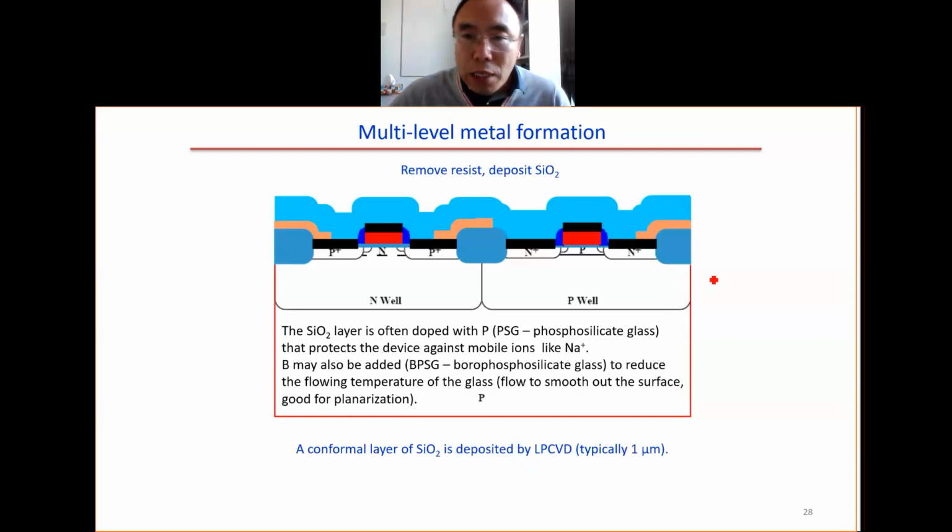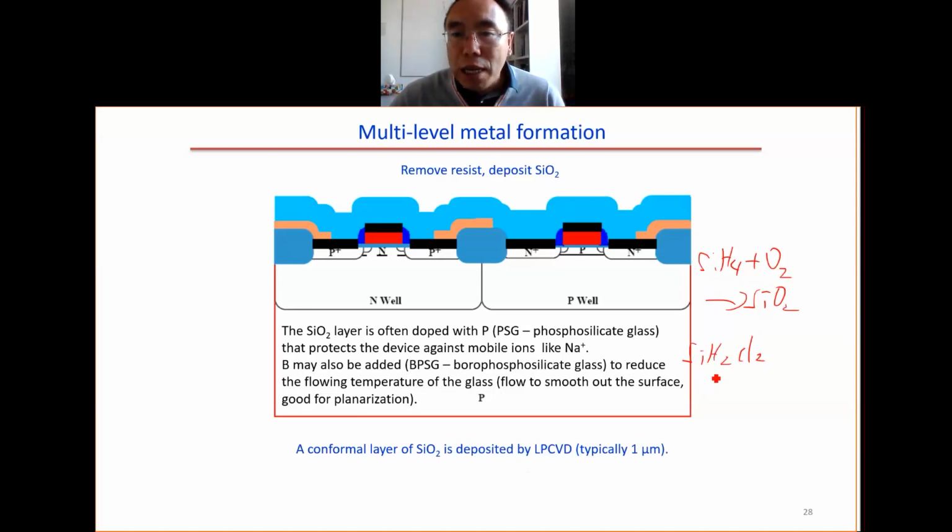One is using silane gas plus oxygen. Another choice is dichlorosilane plus N2O. We form a layer of silicon dioxide.